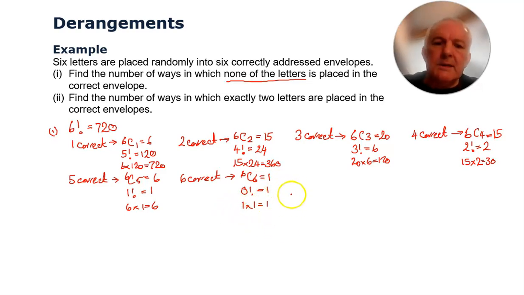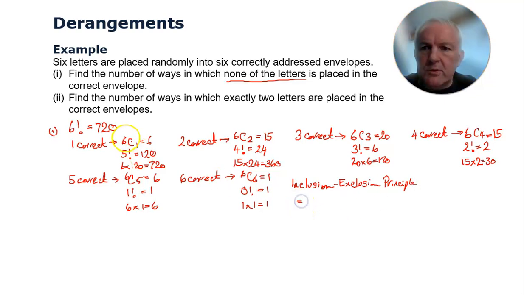All right, and so look, this is the bit which is not obvious. So using the inclusion-exclusion principle. And we've seen that elsewhere, so I'm not going to spend time debating why this works. But basically what I can do is take my original 720 up here. And then I take away the first answer.